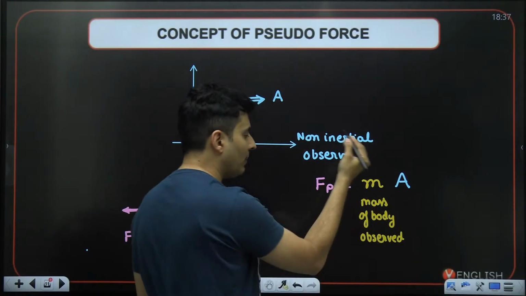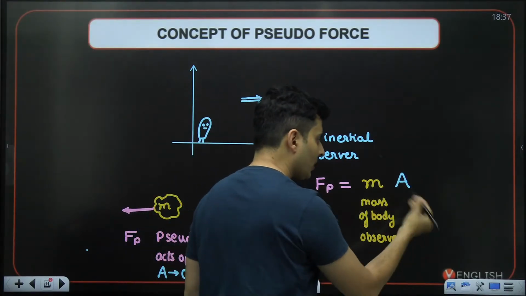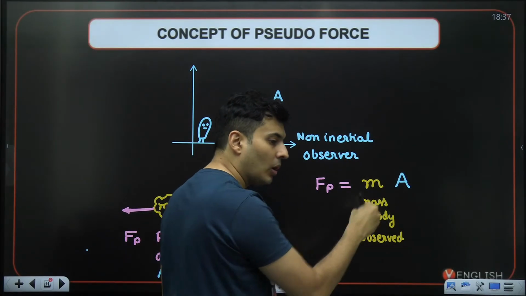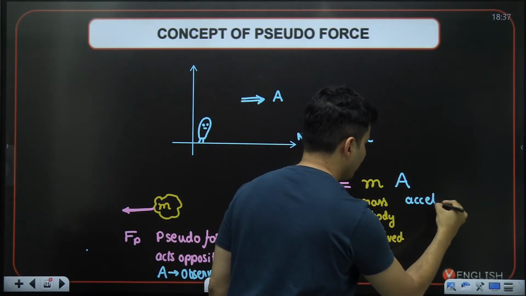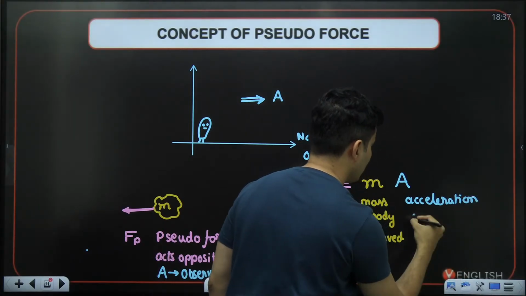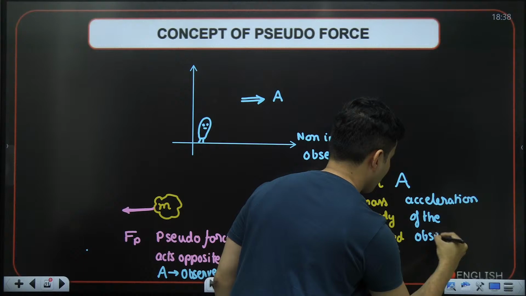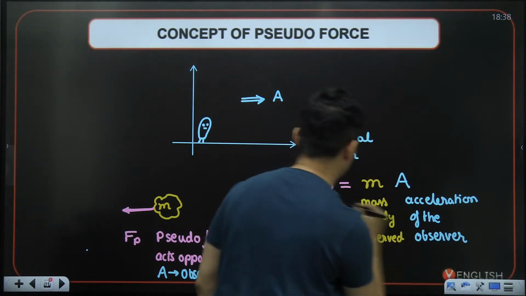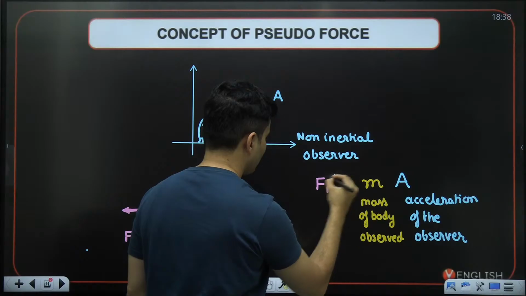Who are you seeing? Like Pandu was seeing Champa, so it will be Champa's mass. This A is the acceleration of the observer, like Pandu's acceleration. So this is the magnitude of the pseudo force.